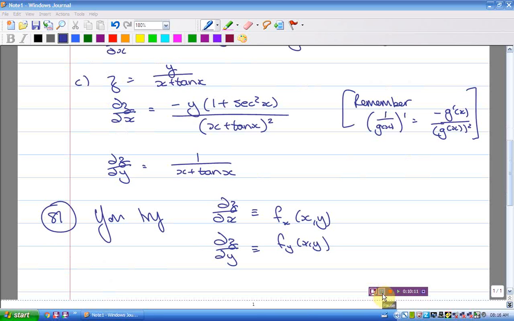Okay, all right. So I said a minute ago, I'm going to move on to higher order partial derivatives, but in fact, first, before I do that, I'm going to use partial derivatives in a quite specific context.